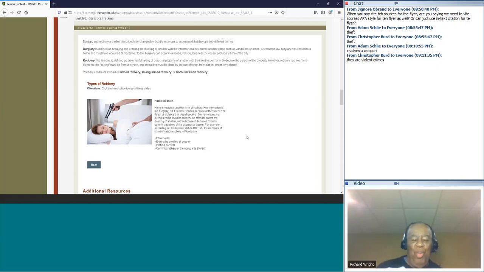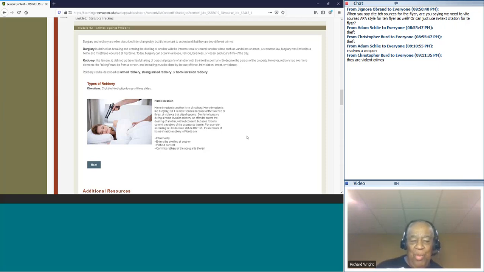Burglary, see, burglars are different from robbers. Burglars don't want to come across people, but home invaders don't care. And when they come across people, if they have a weapon, for example, then look at what it says, Florida. It says the elements of home invasion: intentionally entering the dwelling of another without consent.